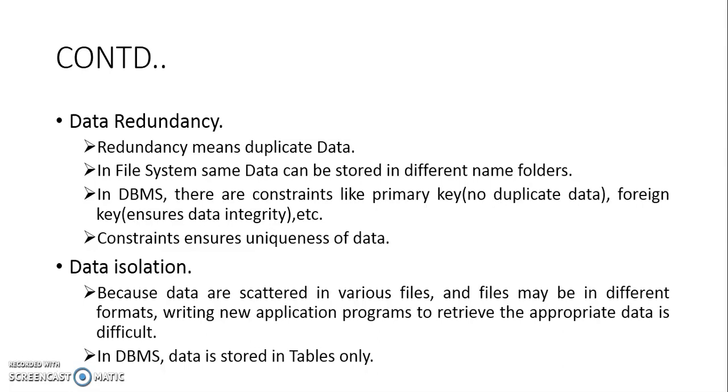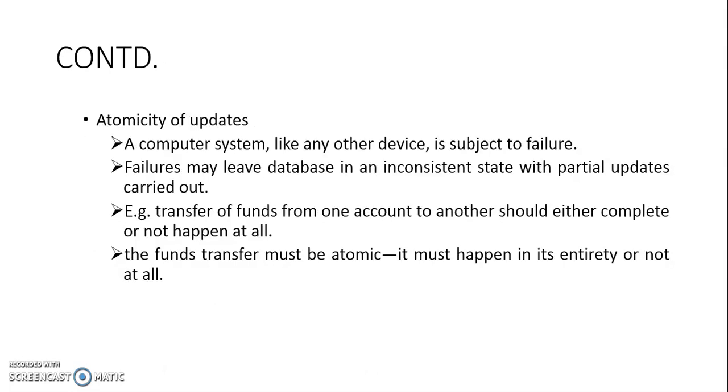So these are the disadvantages of file system. The last one is atomicity. Atomicity says that a particular transaction should happen completely, or it should not happen at all. For example, if you are transferring funds from one account to another, and in between there is a failure, then in DBMS you have to restart the transaction from the first step.